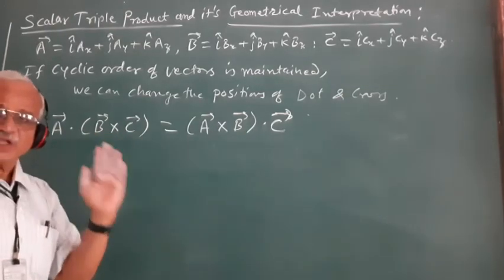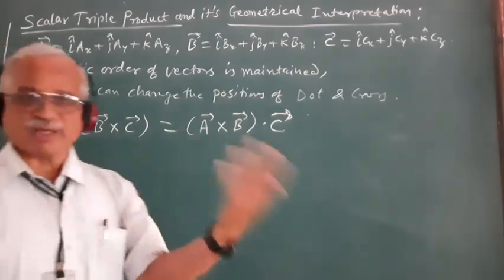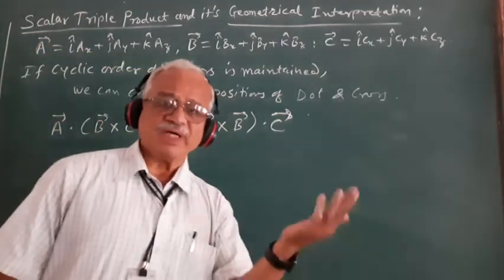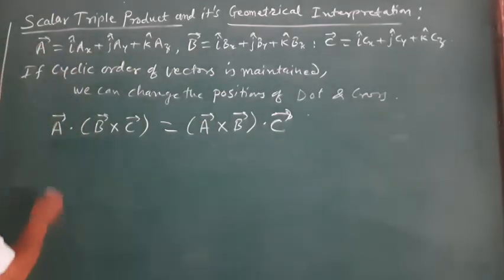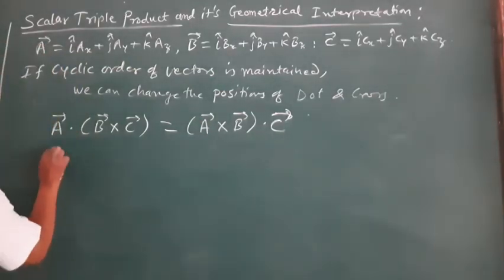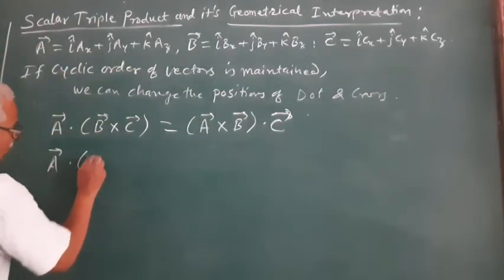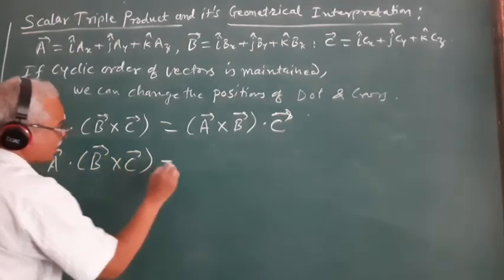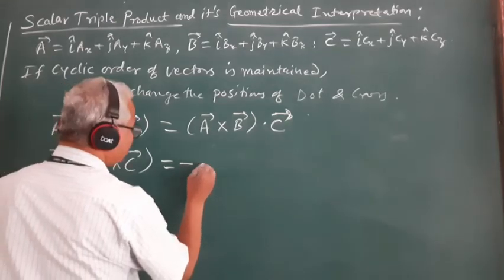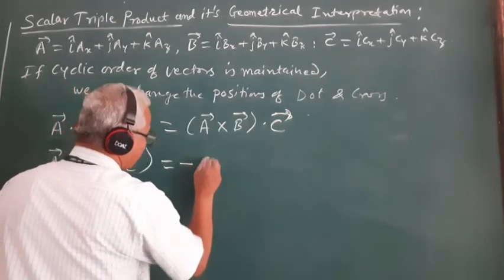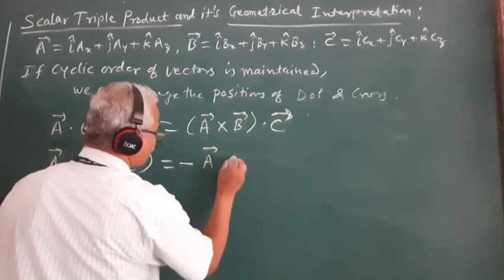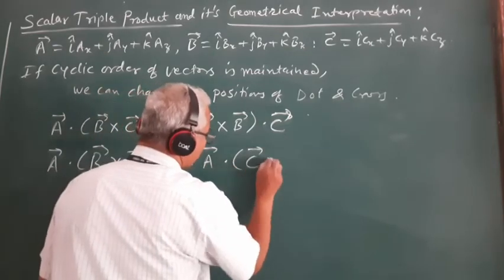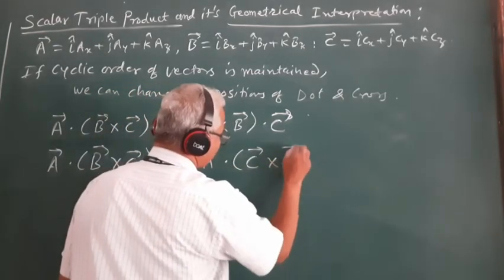Meaning if it was positive, it will become negative, and if it was negative, it will become positive. So we can express this as a bar dot b bar cross c bar is equal to minus of a bar dot c bar cross b bar.